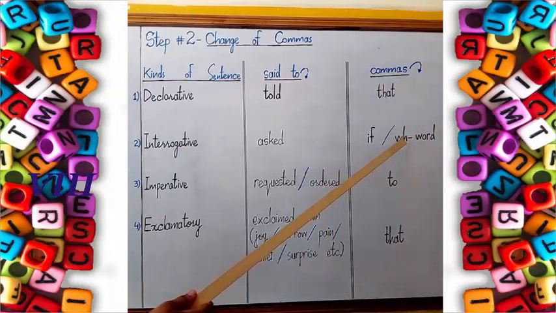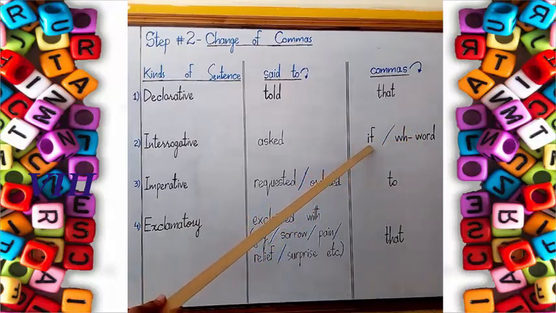If there is a simple question given, you will use if instead of commas. If an imperative sentence is given in reported speech, you will change commas into to. If an exclamatory sentence is given in reported speech, you will change commas into that.